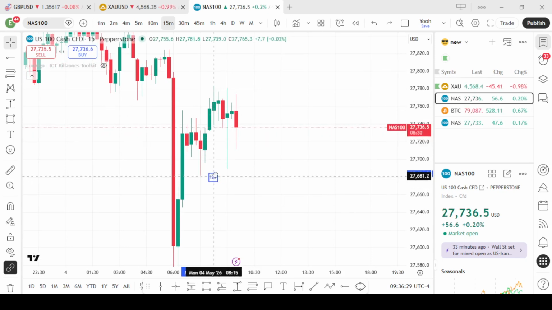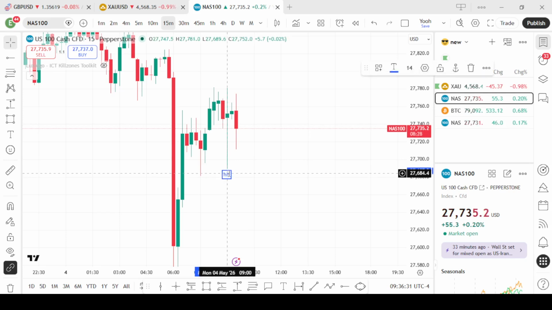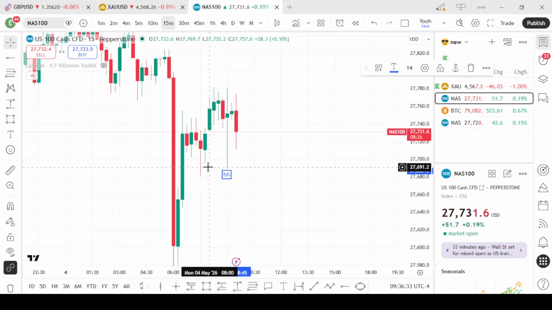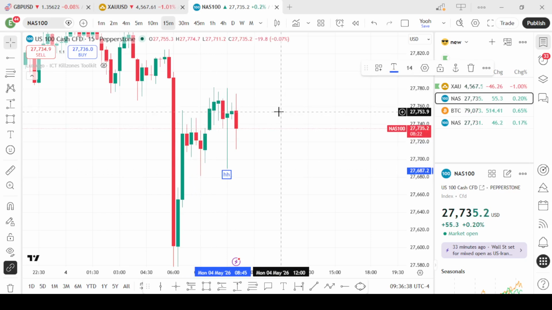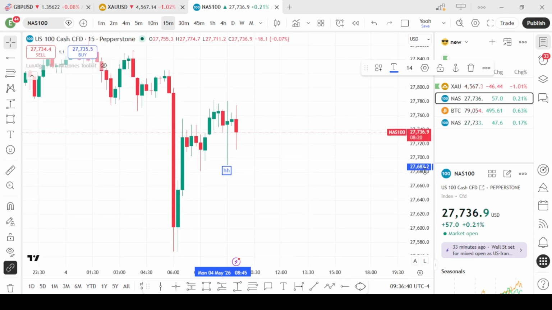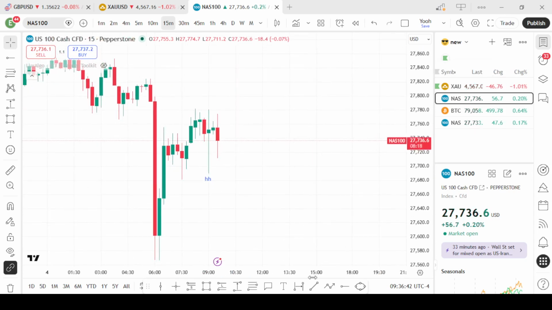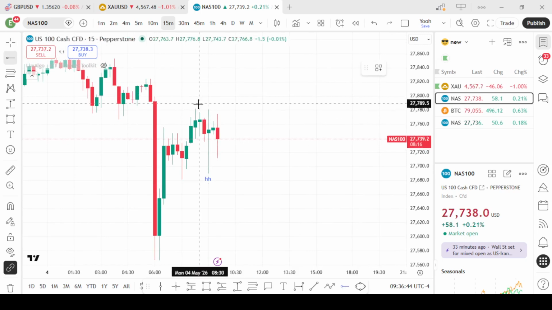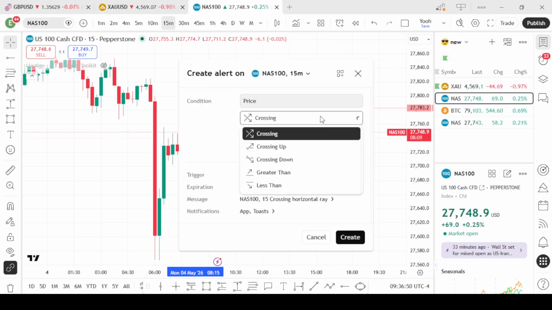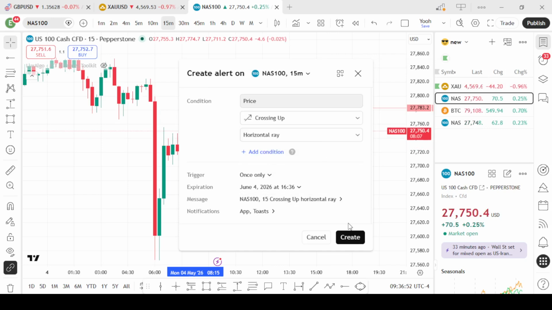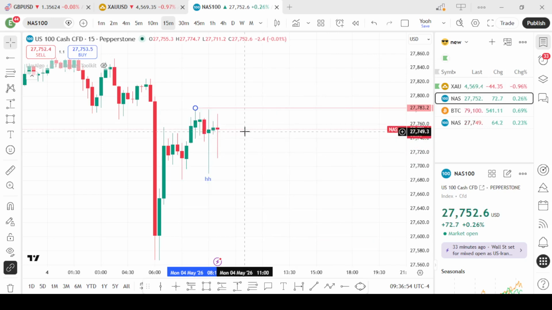So if we are going up, I don't expect price to come below this level. But I can enter the trade once price reaches here, and put an alert, create here.